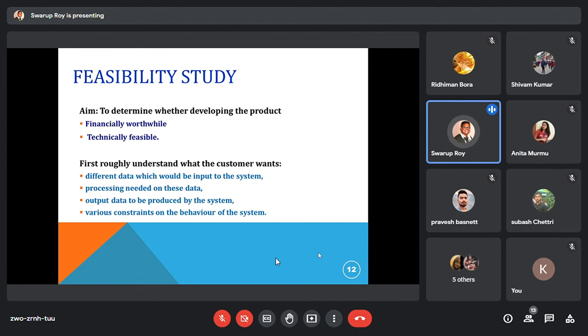And what are the activities, which we normally call the process, the functionalities that the software is going to perform. And what are the outputs of that system. And then what are the restrictions, the constraints, over there.